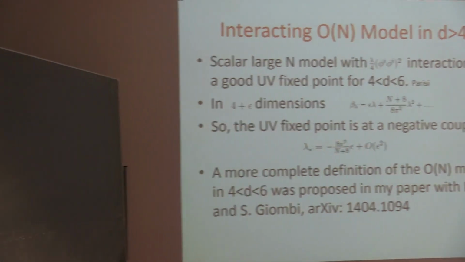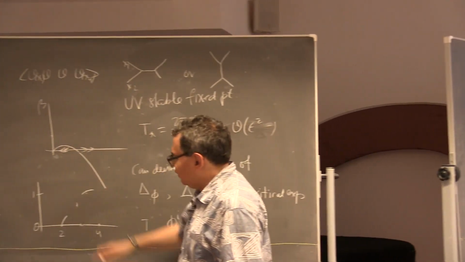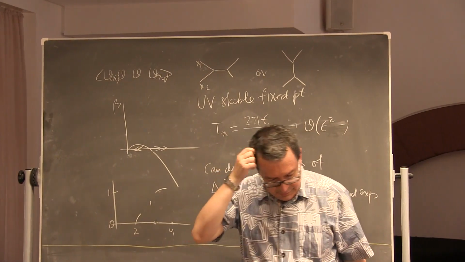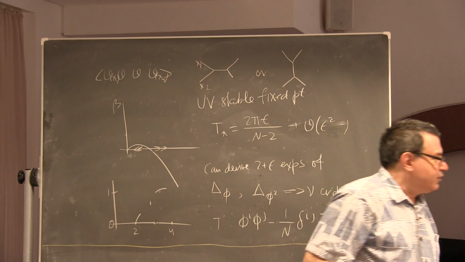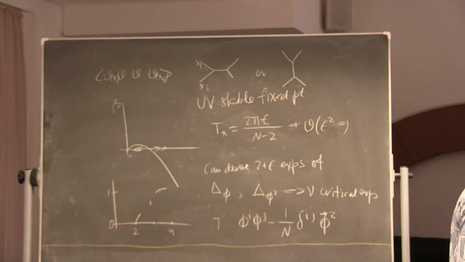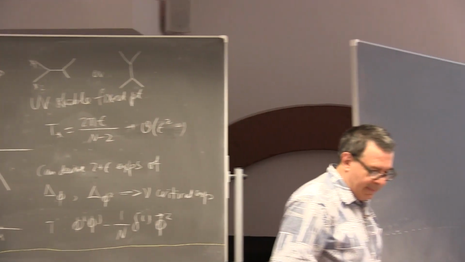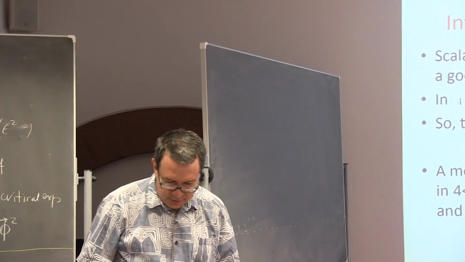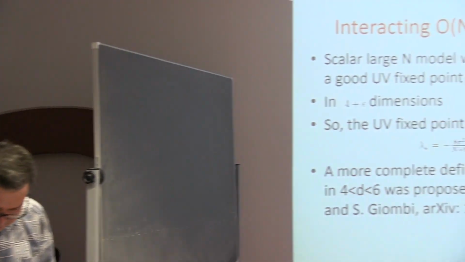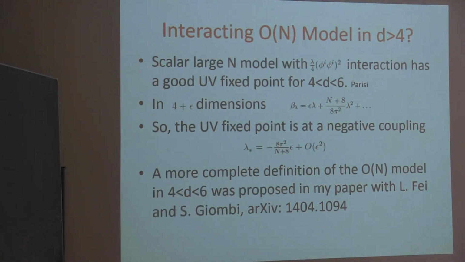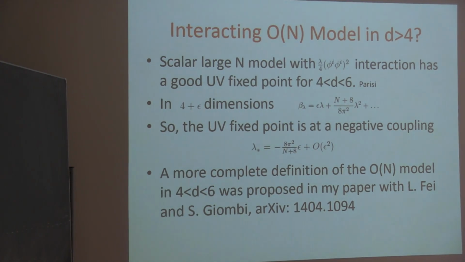You basically have a UV attractive fixed point. So are we supposed to take it seriously? I mean, usually a theory with a negative coupling, you would think it's not stable, or it's at least metastable. So for whatever reasons, we started thinking about it, and we came up with a different way of describing this putative theory, if it exists.